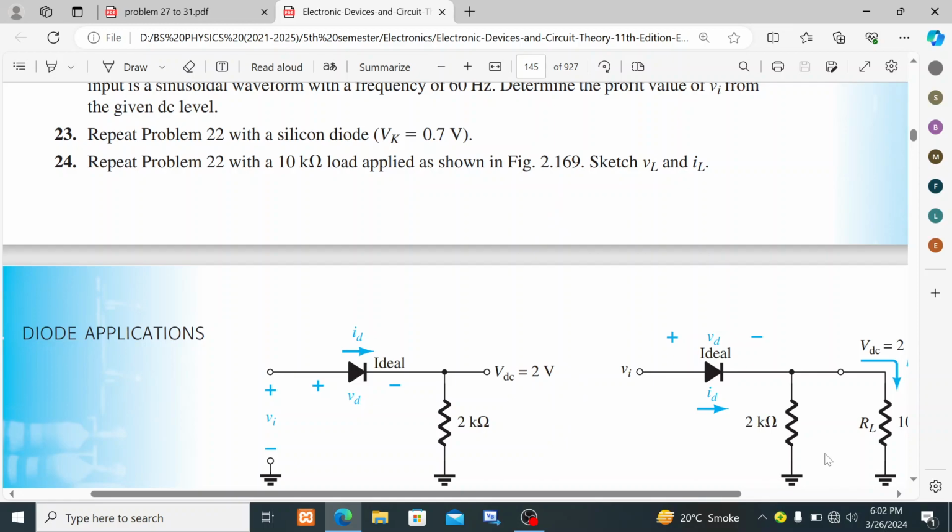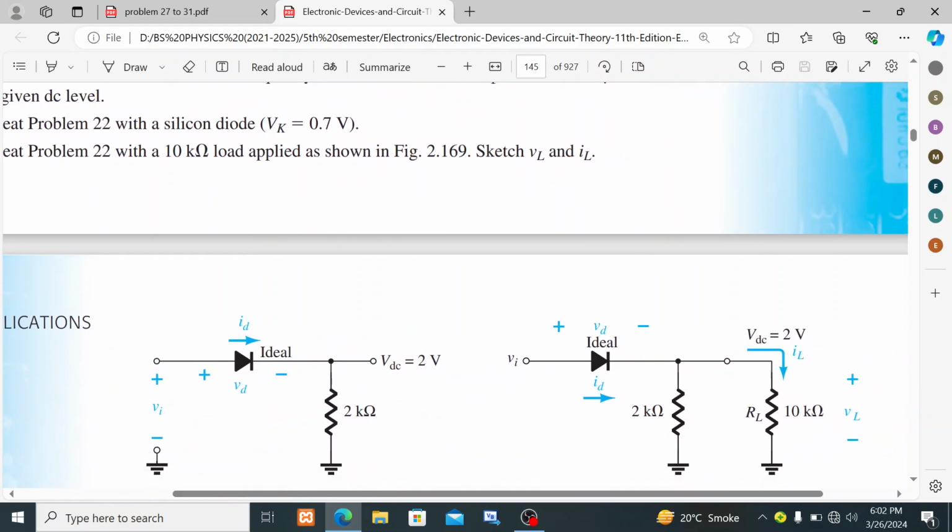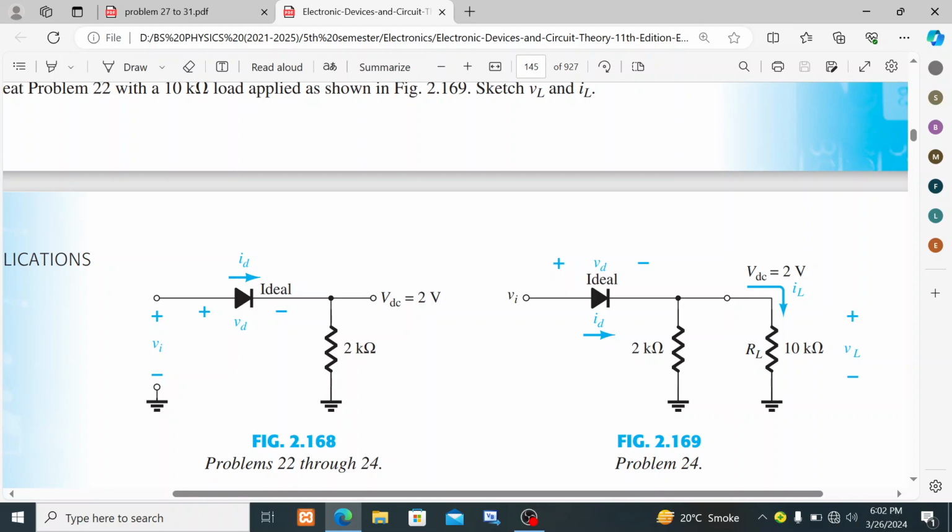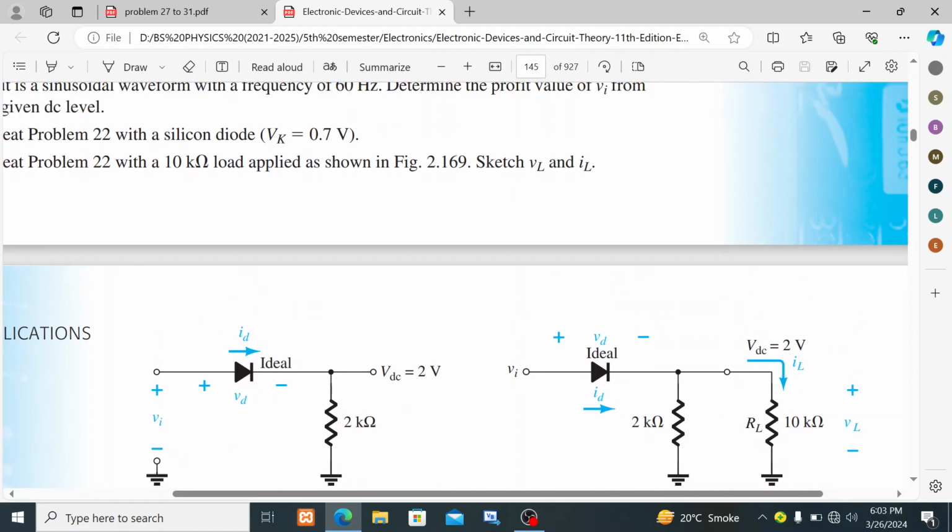This figure is for problem 28. So here we can see that there are two loops. One is from Vi to this, and one is from across RL. So first we sketch VL and IL.